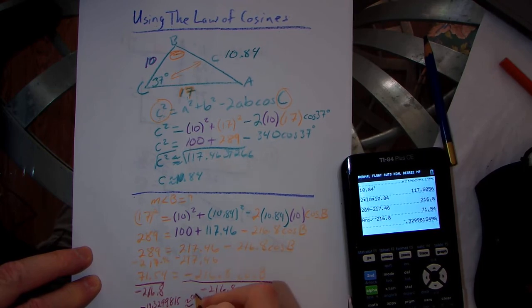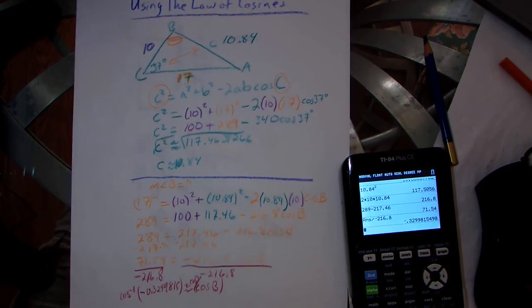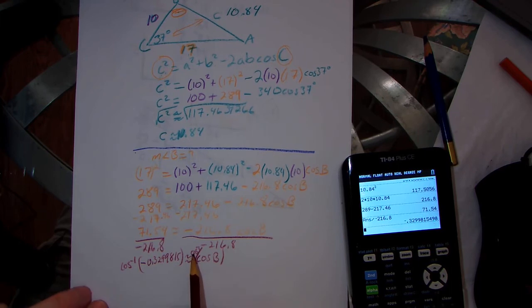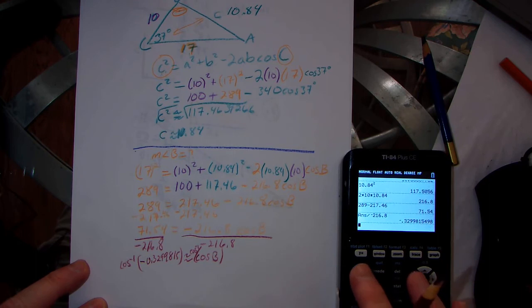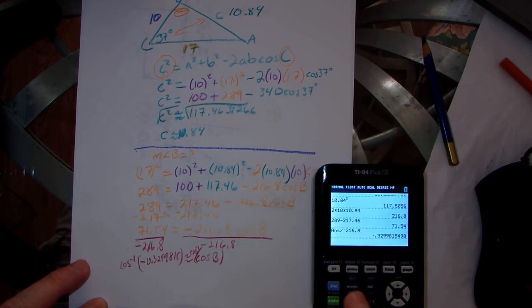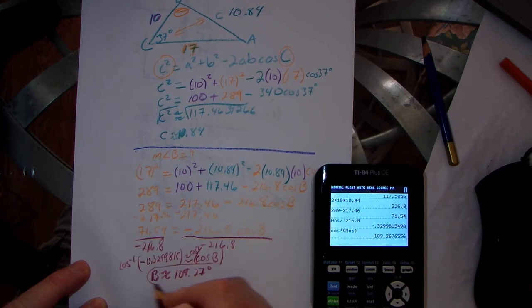And then I do cos negative 1 of both sides. Remember, I'm applying an operation here. This is an inverse operation. So that's why I got to put it in front. It's not multiplication. It's actually like taking a square root of both sides. But on the calculator, that's going to be second cosine, and then insert the previous answer in there, and that's going to tell me that angle B is approximately equal to 109.27 degrees.